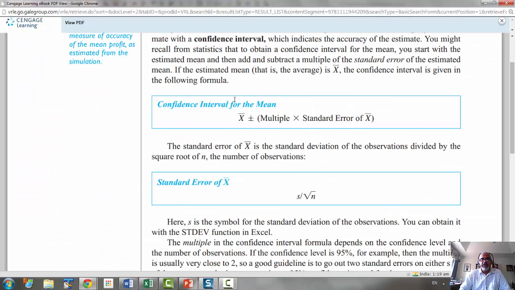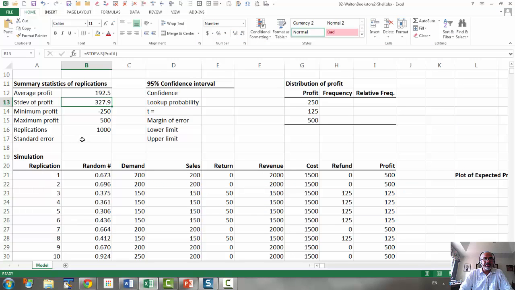The confidence interval for mean profit is x bar plus or minus a z value, from the normal distribution, times the standard error of x bar. The standard error of x bar is given by the standard deviation divided by the square root of n. So this is our standard confidence interval formula from your first stat class. That's why we need the standard error.